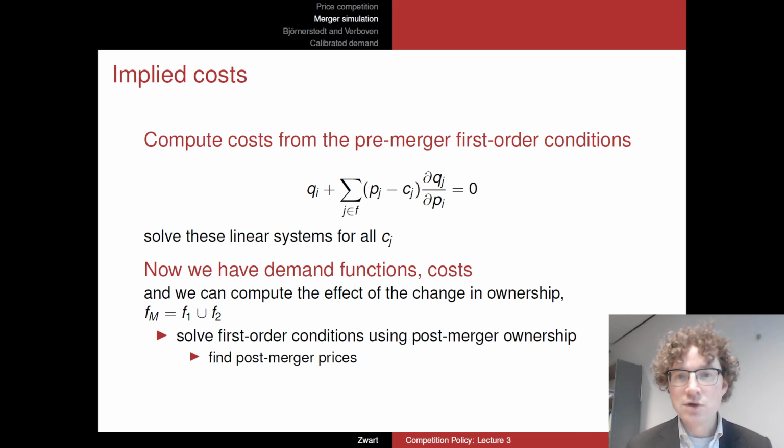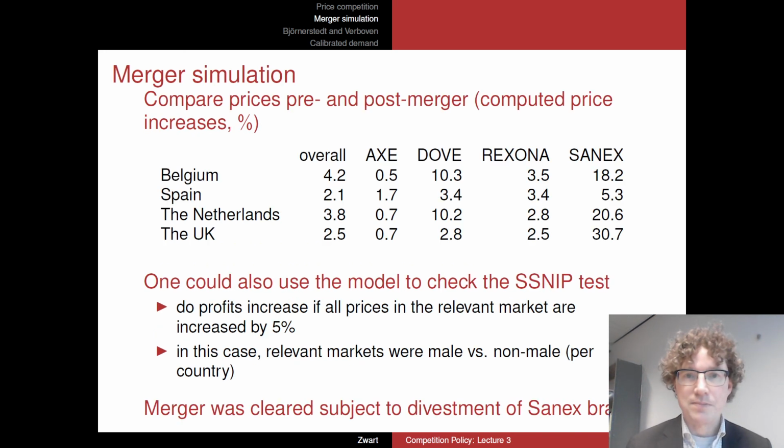And then again solve the first order condition, but now with this different set of products within each firm, particularly in this merged firm, we'll have the combination of all those previously separate products and see what the new equilibrium is. So that will allow us to find post-merger prices. And then we're done, right? Almost. We have to then compare post-merger prices with those pre-merger prices that we had before. So that's what the Commission did, and here's a table that comes from this paper.